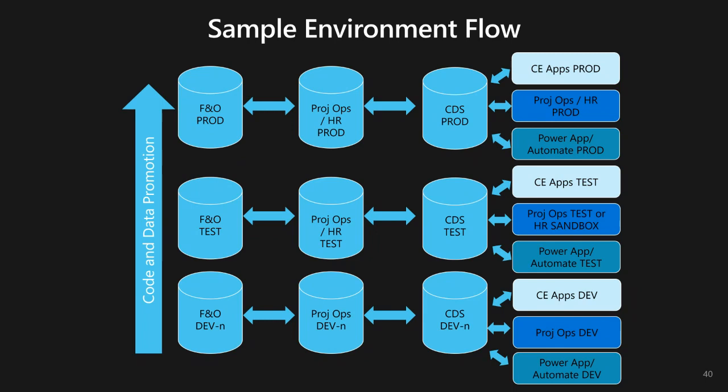So you'll need to consider that carefully as well, and what makes the most sense for your project. Project operations and HR are also additional applications that are installed onto that CDS, or can be. And then if you're also developing Power Apps, Power Automates, anything Power Platform related, those would go into that CDS environment as well.